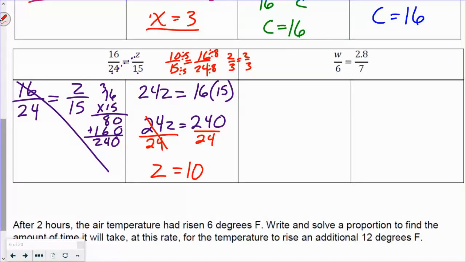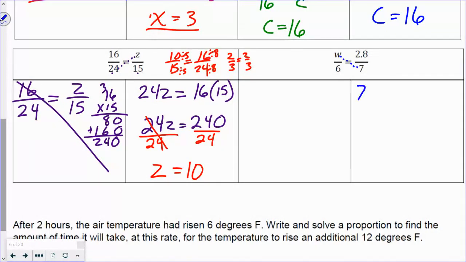But going straight from multiplying or dividing like we did with the first two examples is a little bit more difficult. And especially with, what am I going to multiply 6 by to get to 7? You know, it's only up by 1. So once again, we are going to want to just do our cross products. Right?